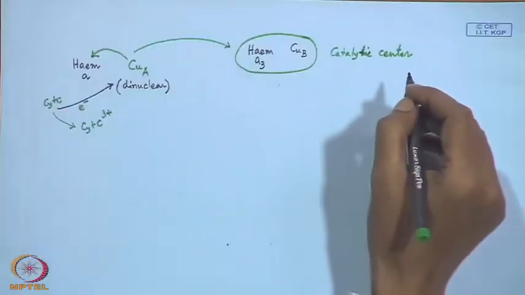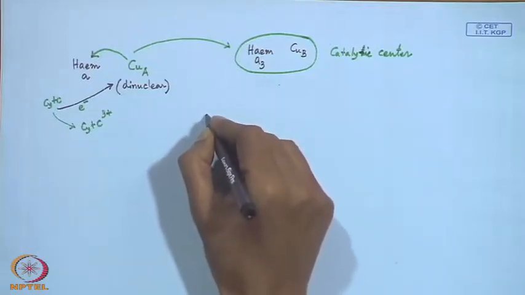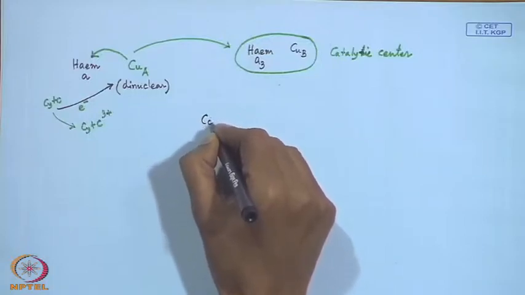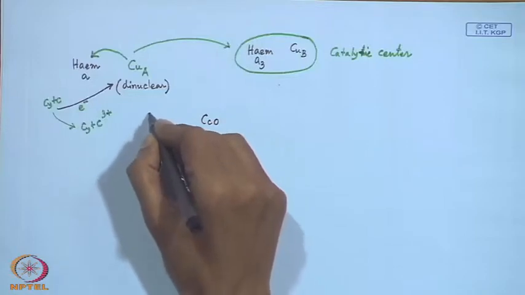So, this reduced form we get after we have the oxidized form of cytochrome C oxidase. So, this is oxidized.